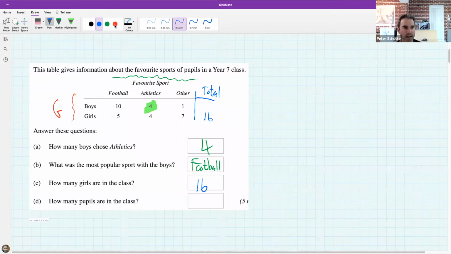When we have tables, having a total column is quite important. So 2 plus 4 plus 1 is 15. And this should actually add up in both ways. So 15 plus 16 is 31. So I agree this is 31.